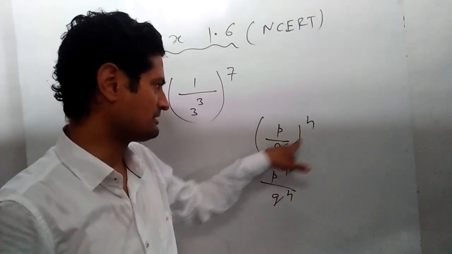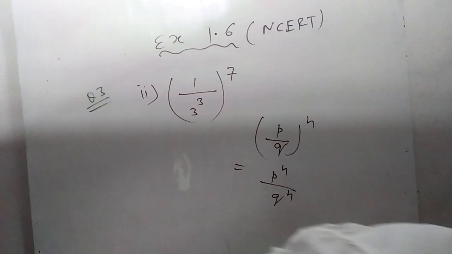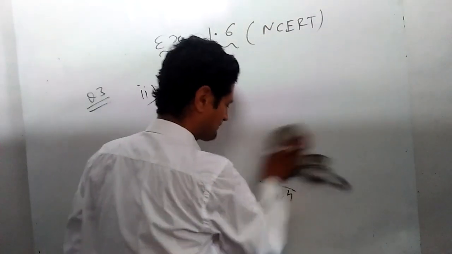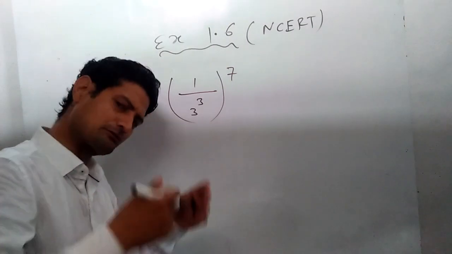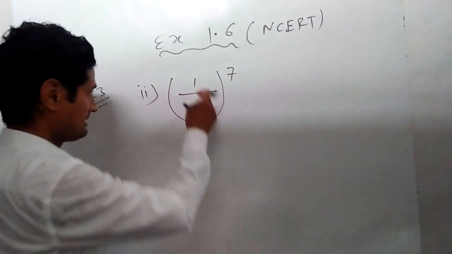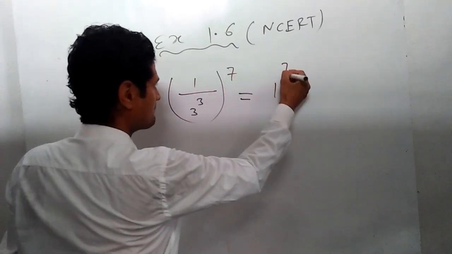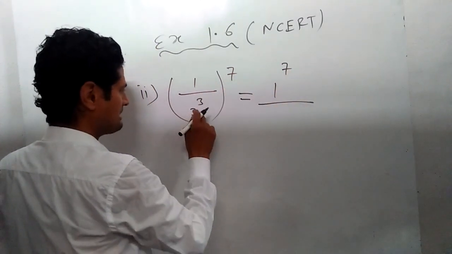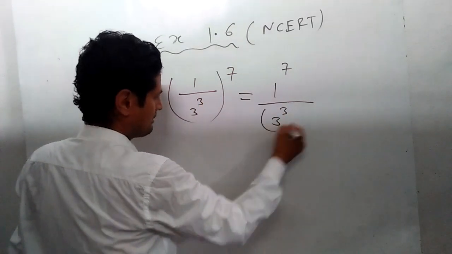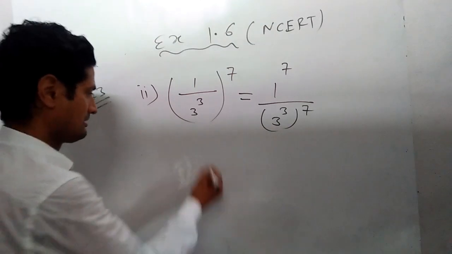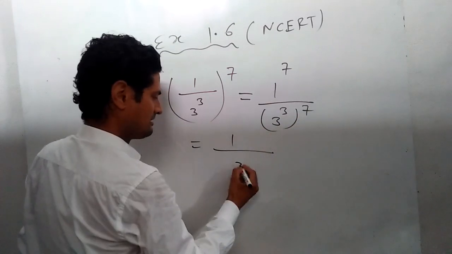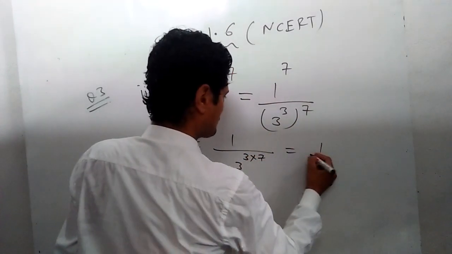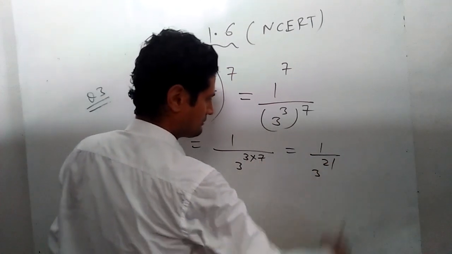In the case of a fraction, if the power is anything, we can separate it as numerator to the power upon denominator to the power. The denominator is 3 to the power 3, power 7. Now 1 to the power 7 means 1, and power into power means multiplied: 3 into 7 is 21. So 1 by 3 to the power 21.